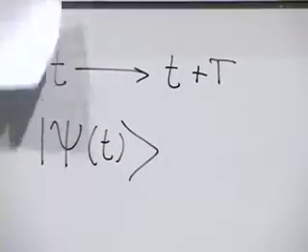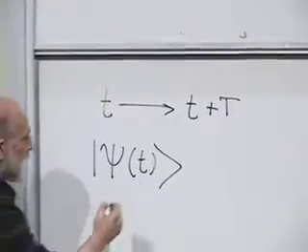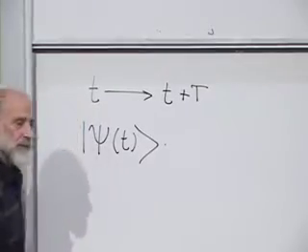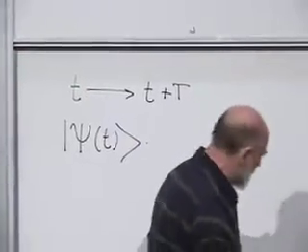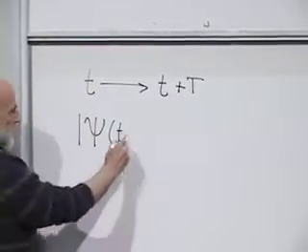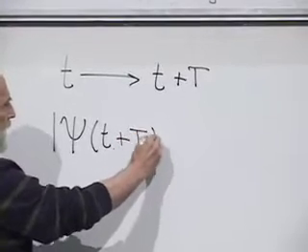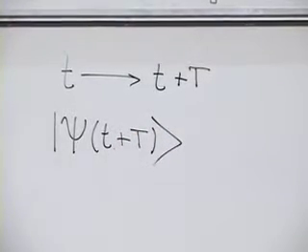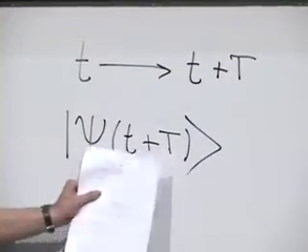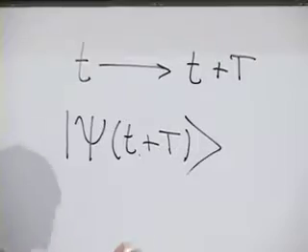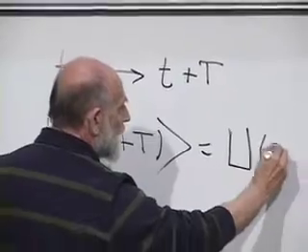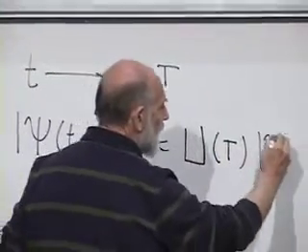So it follows, it's just a special application of what I've written up there, that psi of t evolves to, let me write it a special way. After a time, capital T, the system has evolved to psi of t plus capital T. New time is t plus capital T, amount of time capital T is evolved, and that, according to what we've written up there, must just be U of capital T times psi of small t.